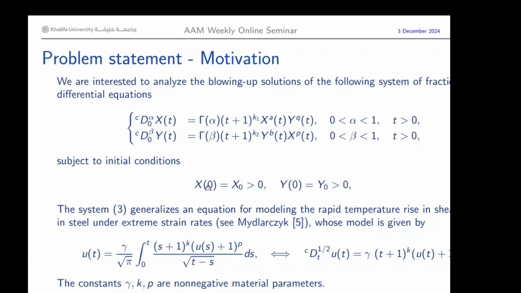We propose the following model. And alpha does not necessarily need to be 1/2. In the case of steel, it is 1/2. But what about the others? By considering the more general case, we will be able to detect more of the material deformation that can appear later in nature.